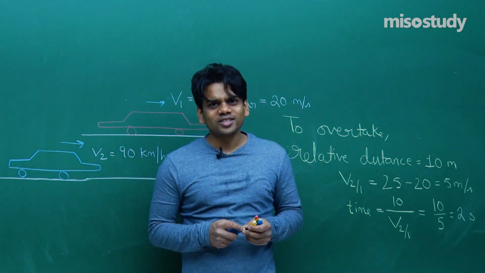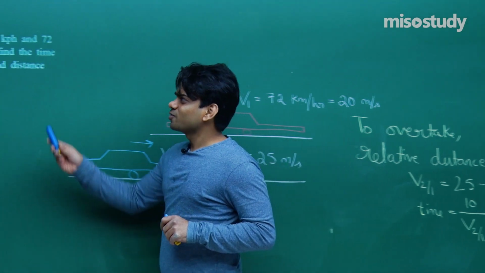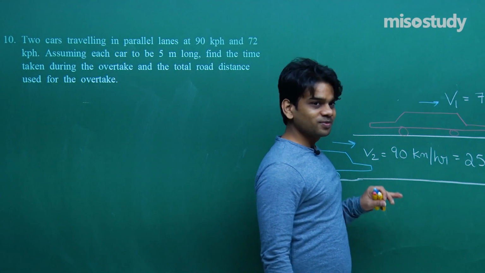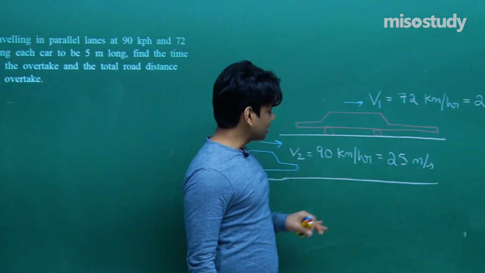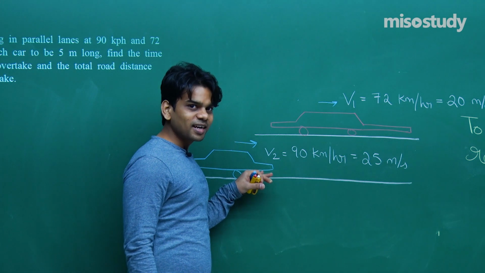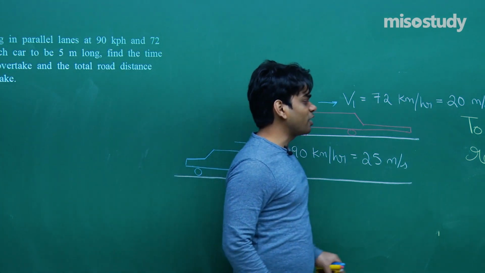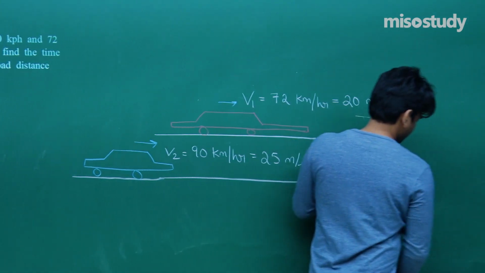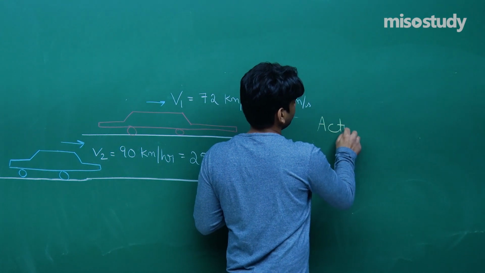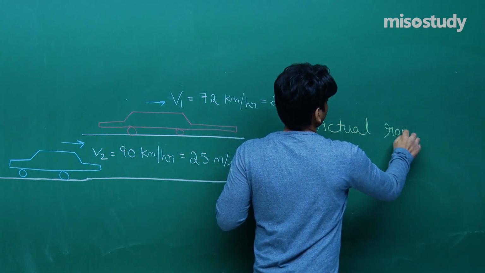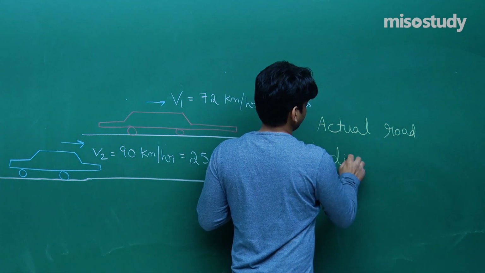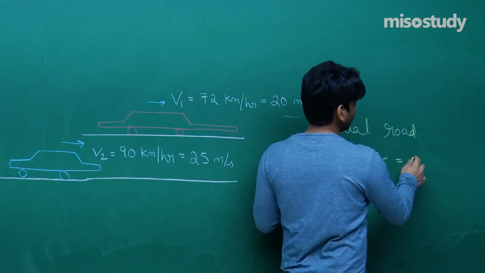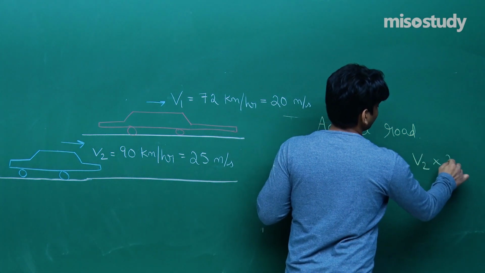But this is not the actual distance on road that it would have traveled. The actual distance will be, the total road distance used for the overtake. So we know the speeds. This car has been stopped, the total road distance is the distance moved by the car with a speed of 90 km per hour, that is 25 meter per second. So actual road distance traversed would be, in 2 seconds, speed of the second car, v2, multiplied by 2 seconds.